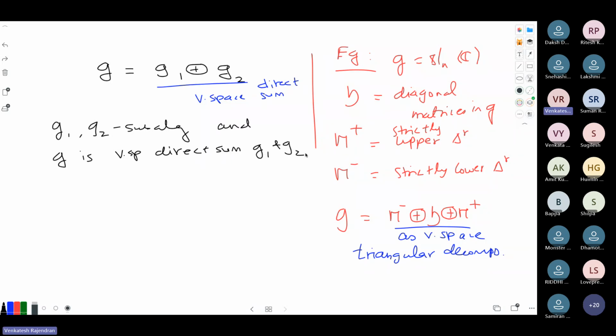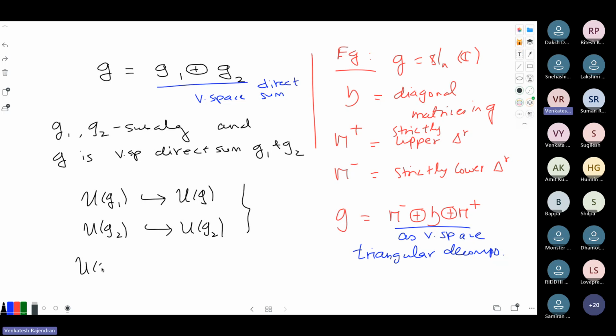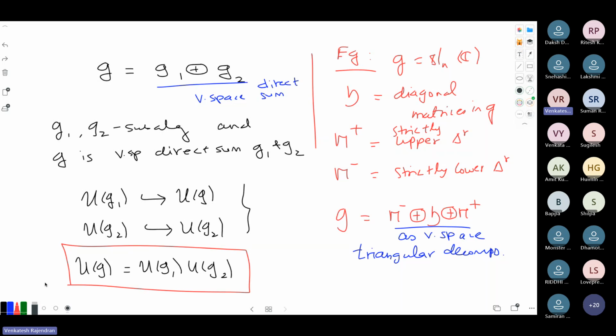Okay, then what we want to say is, there is this natural embedding of UG1 inside UG, and then similarly UG2 is embedded in UG. So, using this, you can say that UG is indeed the product of UG1 and UG2. Okay, so this is actually a consequence of the PBW theorem.